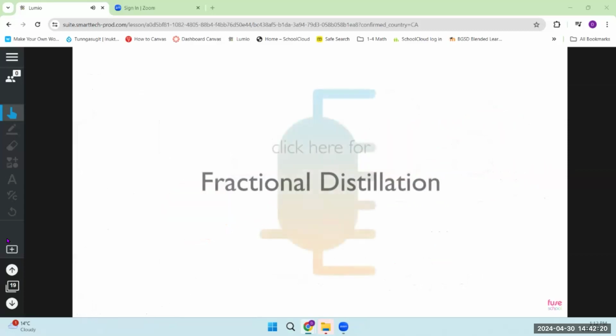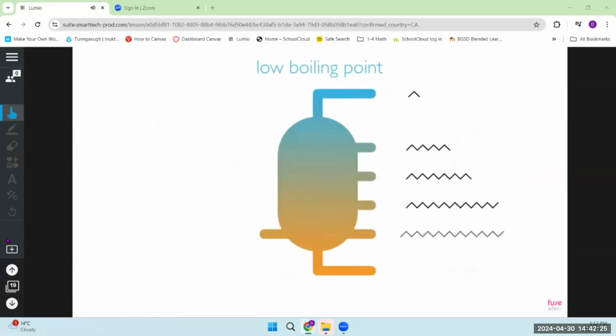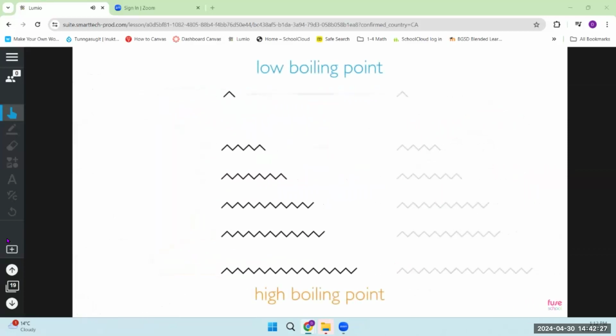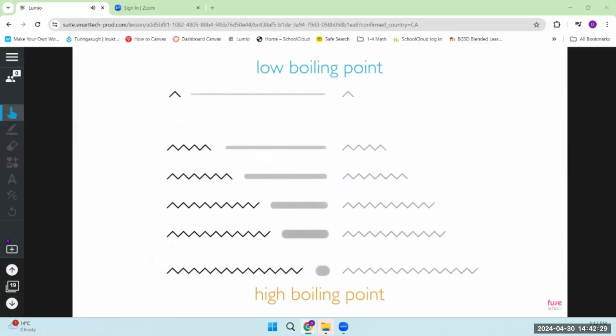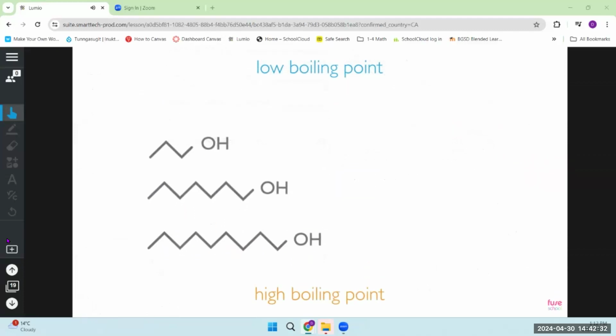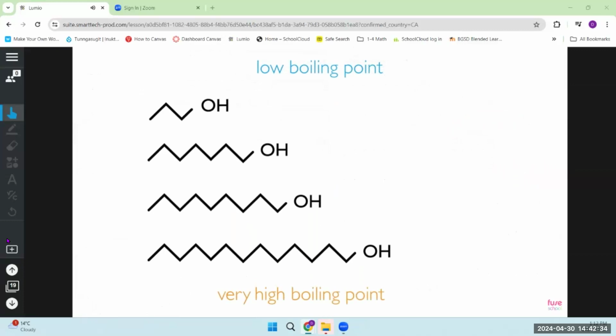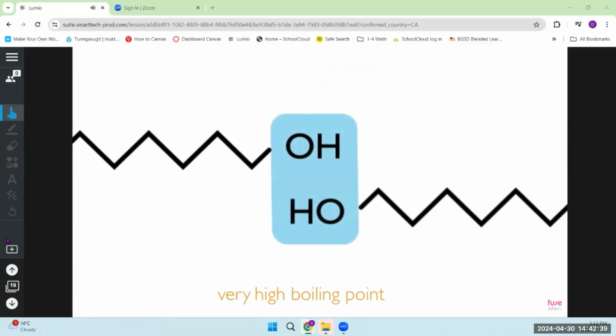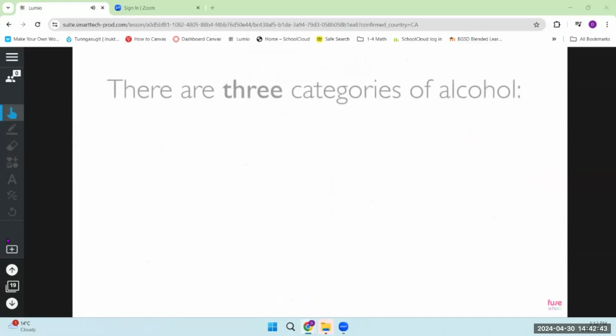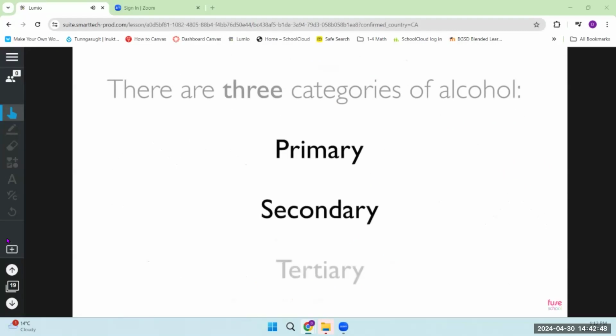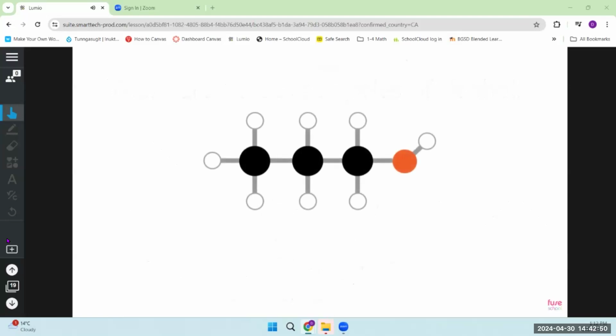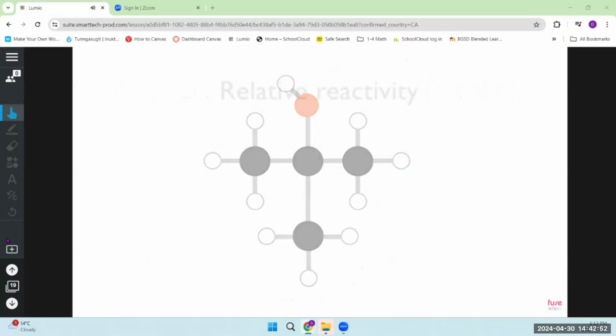In our video on fractional distillation, we discussed how increasing chain length increased the boiling point due to increased intermolecular forces. The alcohols follow this same trend, but their boiling point is even higher than their comparable alkanes, and this is due to the hydrogen bonding. Alcohols are placed in one of 3 categories: primary, secondary, or tertiary, based on the position of the OH on the chain.